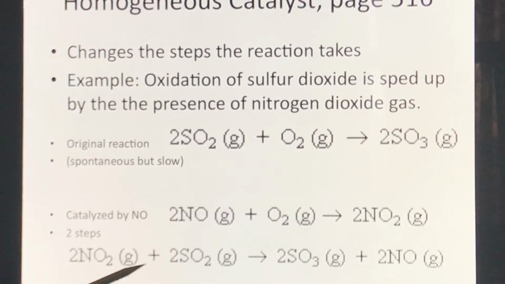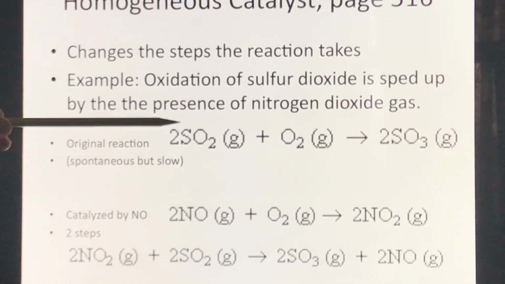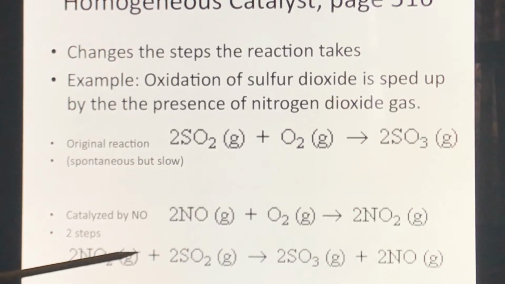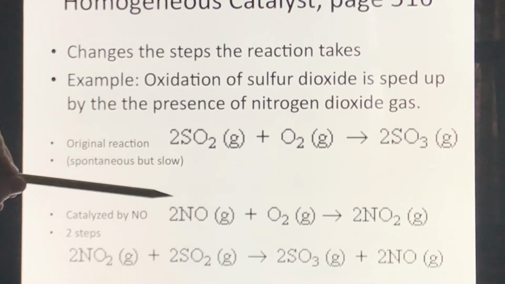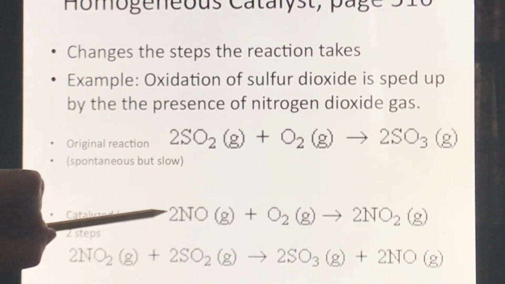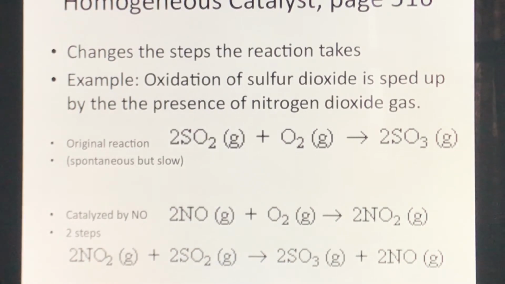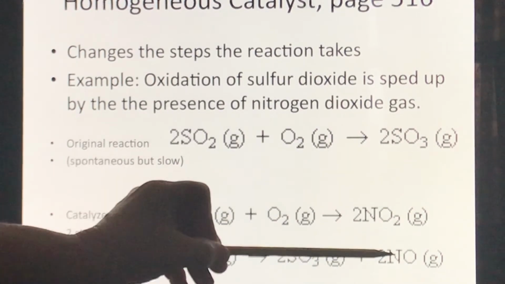And then when that is combined with this reactant, which was the same as up here, when that's combined in this pathway, the oxygen from the NO2 is then attracted to the one here, and you form SO3, or sulfur trioxide, and the NO is just like another one of the products. So the NO is actually considered the catalyst in this reaction. It is not consumed. You have the same amount at the beginning and at the end.